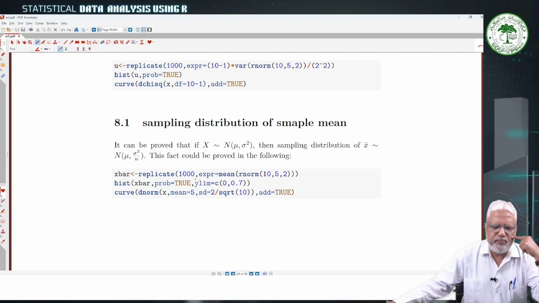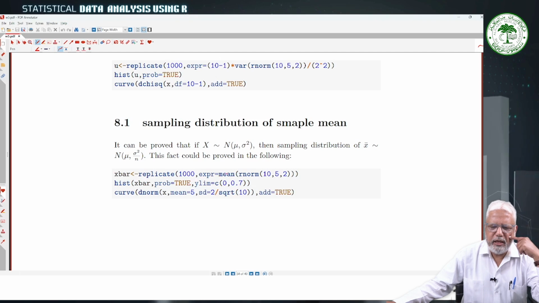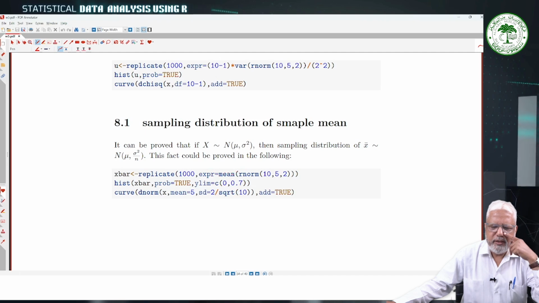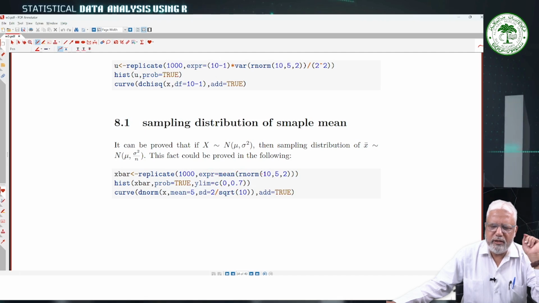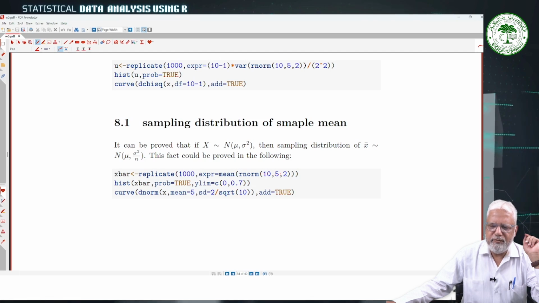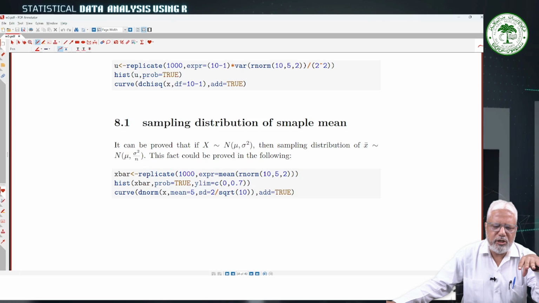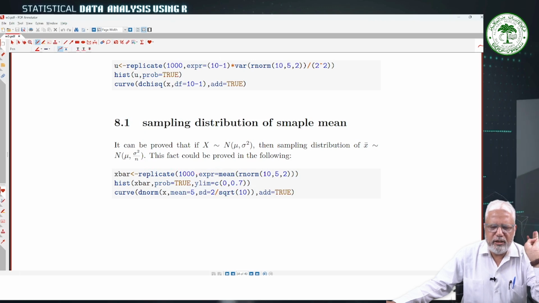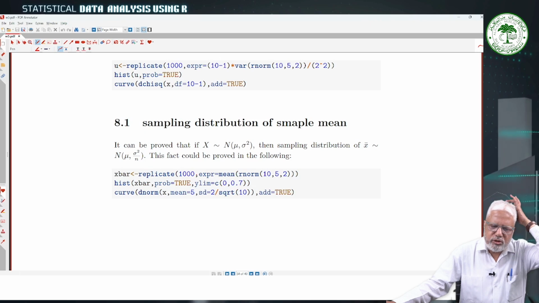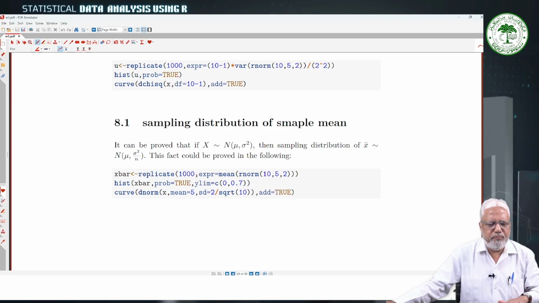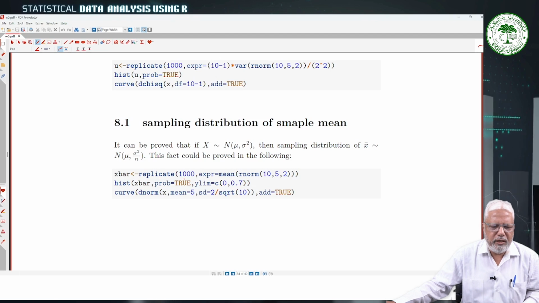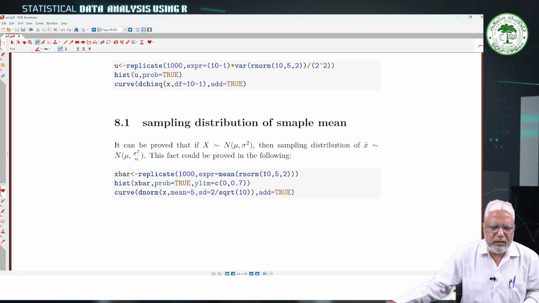So x bar is equal to replicate, and here the expression mean we are simulating, here rnorm stands for 10 random observations with mean equal to 5 and SD equal to 2. And then we are computing its mean, and this process is being repeated 1000 times. So that way we are simulating 1000 random sample means, and then we are making a histogram and adding a curve.